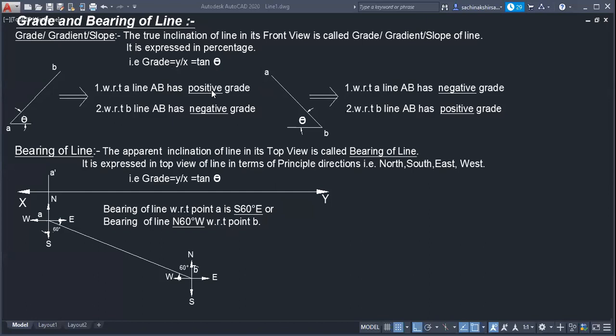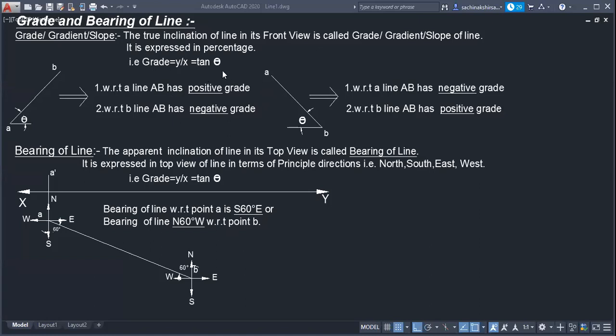Slope is equal to tan theta, and in terms of distances, if x distance and y distance are given, then y upon x. So tan theta is equal to y upon x. This we should know.